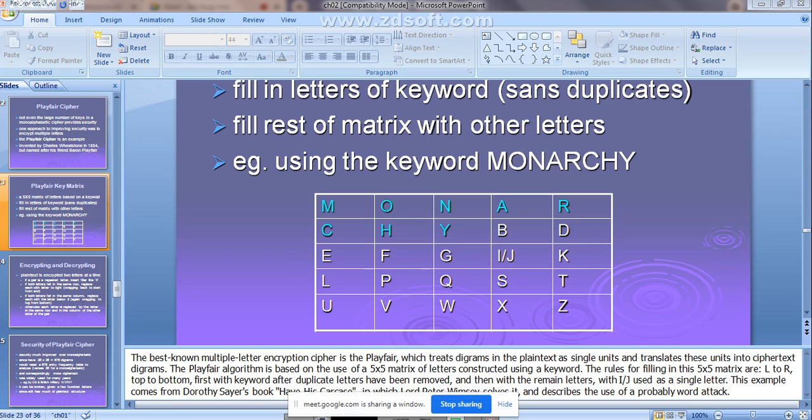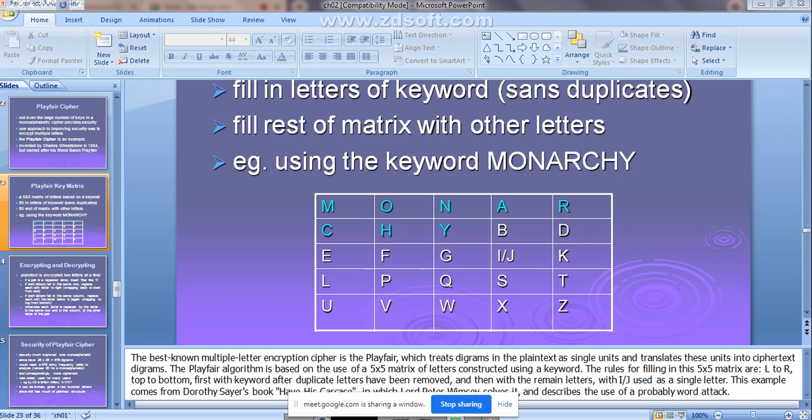M is replaced with the letter C according to the rule, and U is replaced with M, because it follows the element circularly. The last element is followed by the topmost element. So U is replaced with M. I hope it is clear.